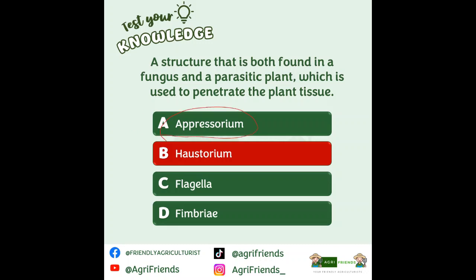Appressorium is a specialized cell of fungi for adhesion. Flagella, these are microscopic, hair-like or long whip-like filamentous structures involved in the locomotion of bacteria. Fimbriae are also found in bacteria, but unlike flagella, fimbriae are not long. They are short or bristle-like, and they are thin, hair-like appendages.